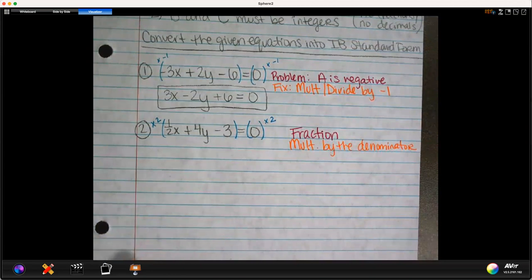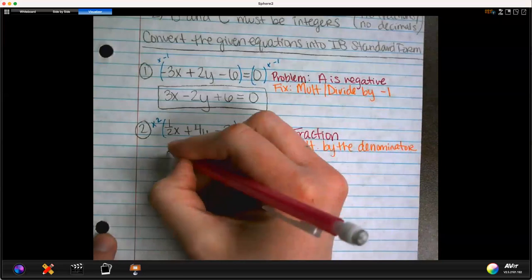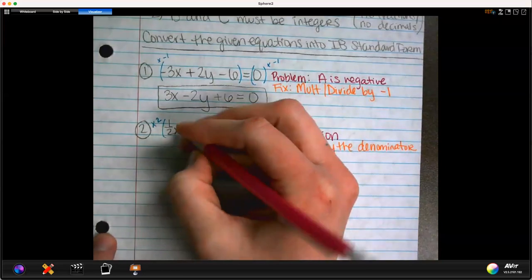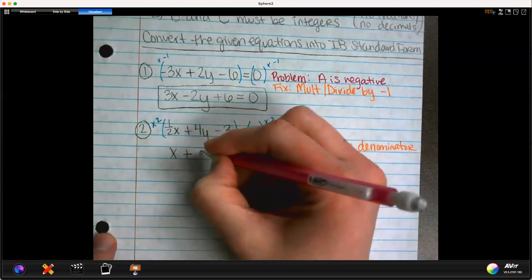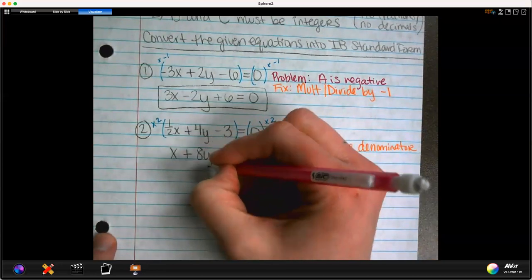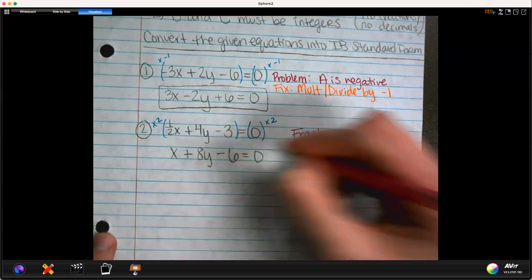Okay, and if you want to use a dot versus an X for multiplication, that is fine. So 2 times 1/2 x gives us just 1x. Do I write 1x? Just x, good. And then plus 8y minus 6 equals 0.